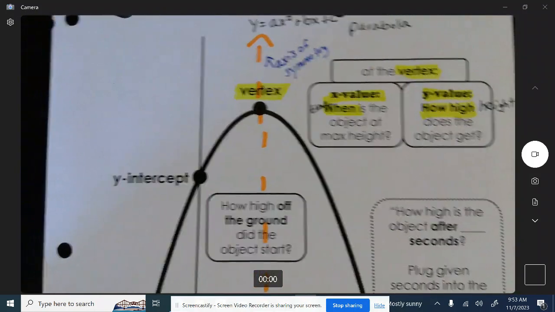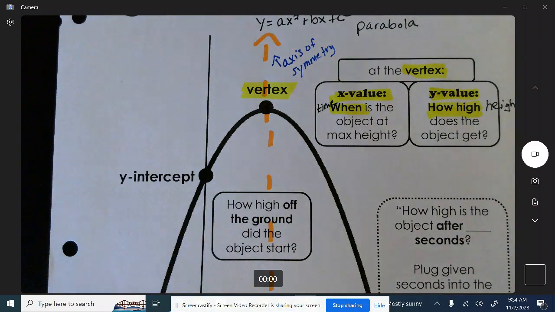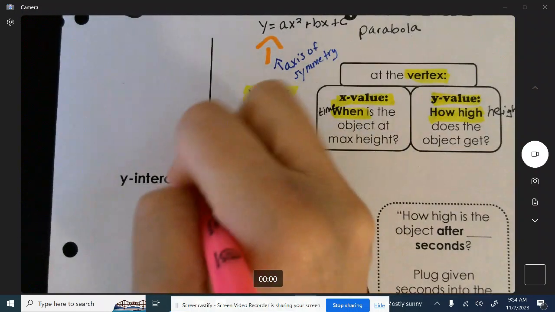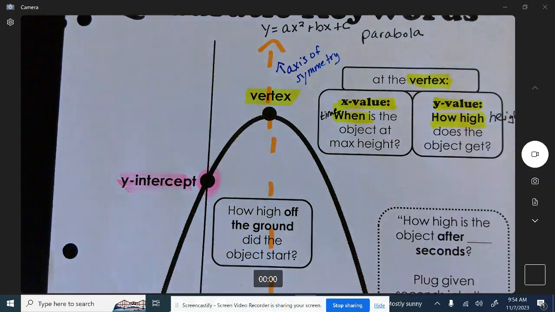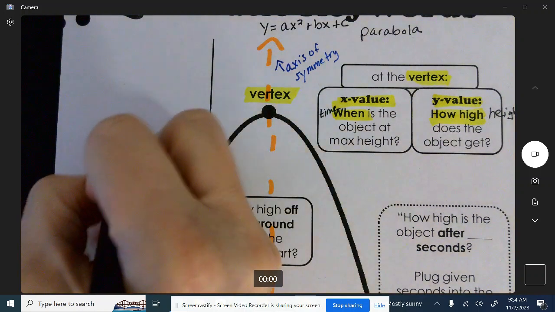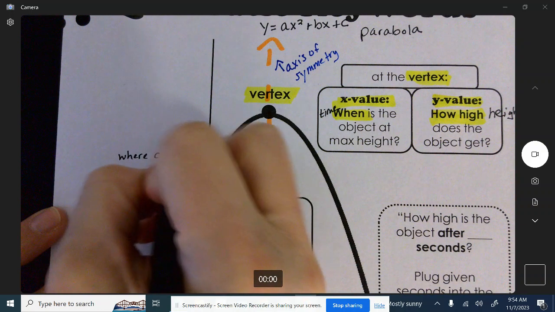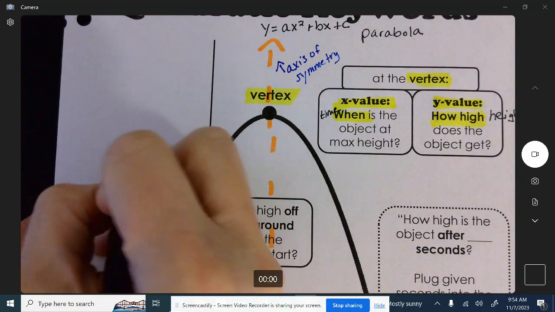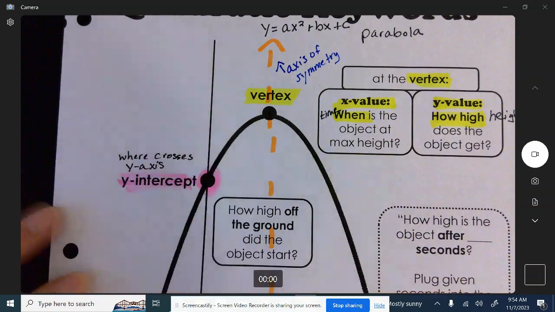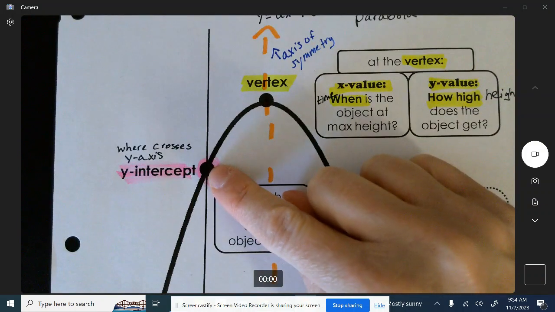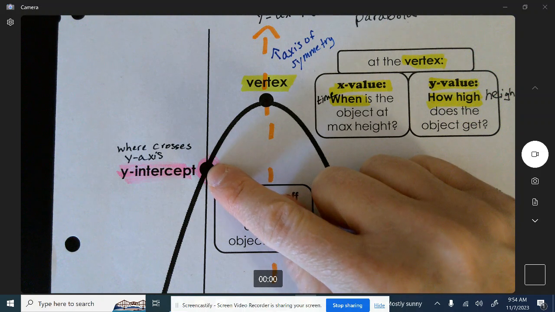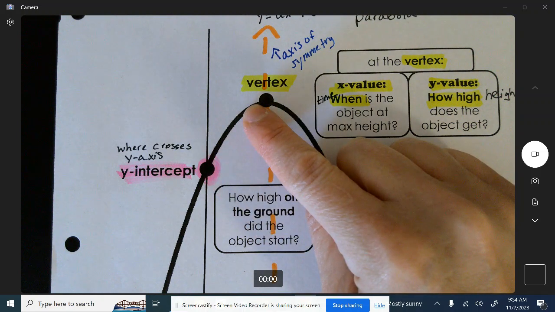The other thing we'll notice here is the y-intercept. Your y-intercept is where it crosses the y-axis. In the instance of pumpkin chunking, this would be the height at which that pumpkin is launched from the catapult.